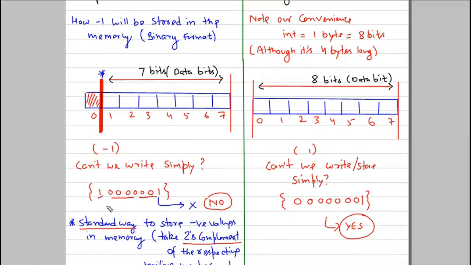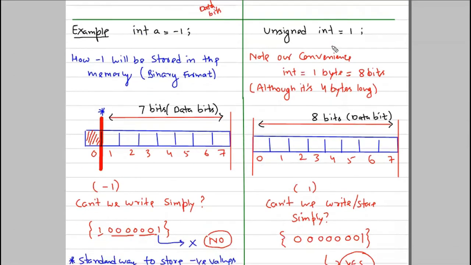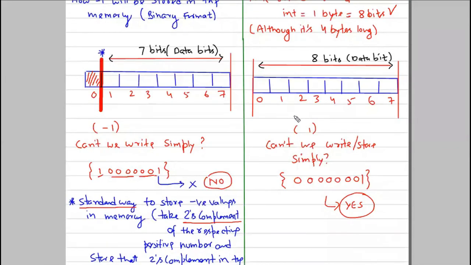Let's move on. I will explain it further, but let's discuss the unsigned as well. If we want to store 1, for our convenience, I'm considering it 8-bit. Generally, it's 4 bytes long. So for 8-bit, if we want to write 1, what would be the binary format? 0 0 0 0 0 0 0 and 1 over here. Why? Because 2 to the power 0 would return 1.